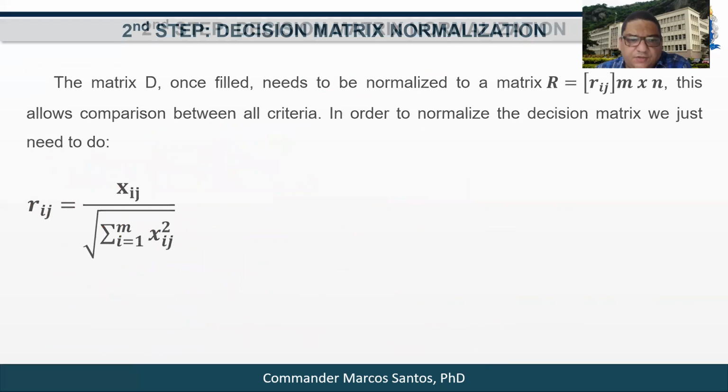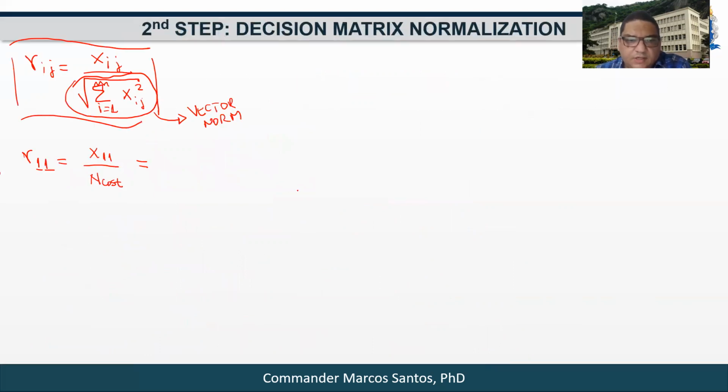So let's continue. We have 90 over 165.53, approximately 0.54.